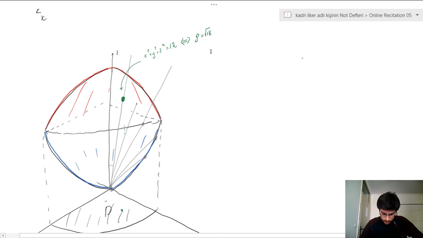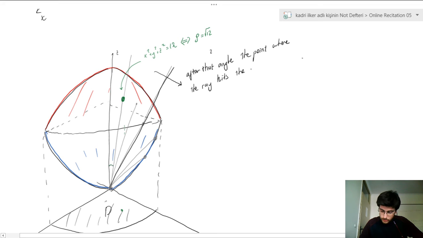And you have some angle here, but after this angle, when you pass it, the point where the ray hits the region actually satisfies a different equation.